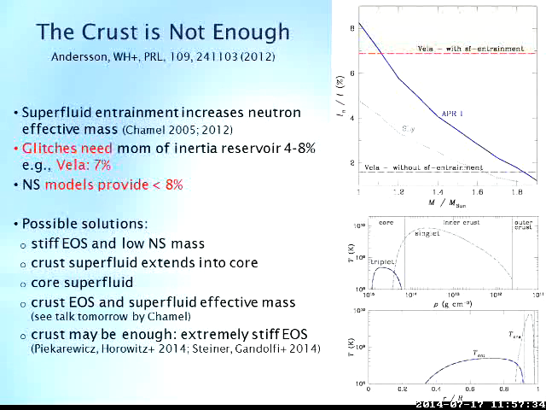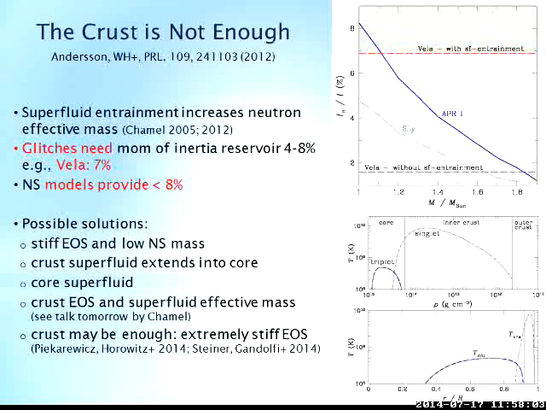For Vela, yes. If you look at each system, it's 4 to 8%. So what we're saying is that the crust is not enough. The possible solutions: the simple one is that all these 11 pulsars are low mass.